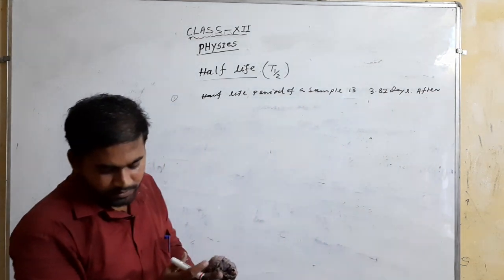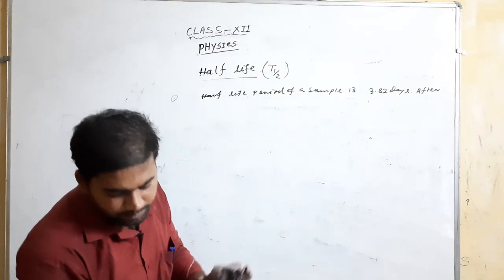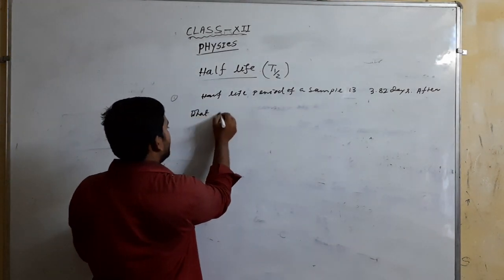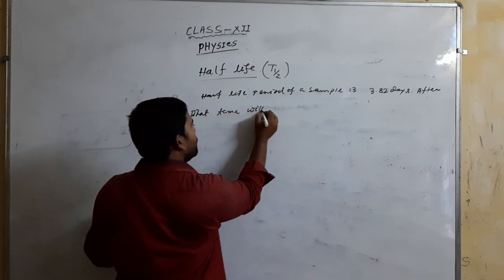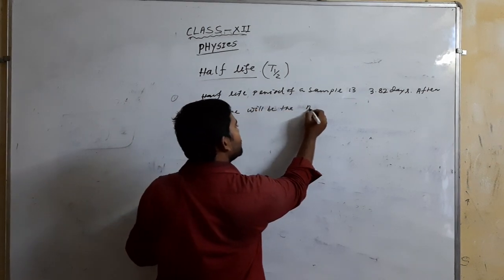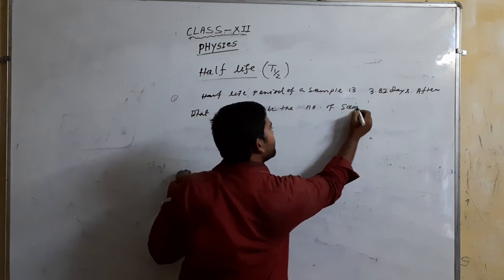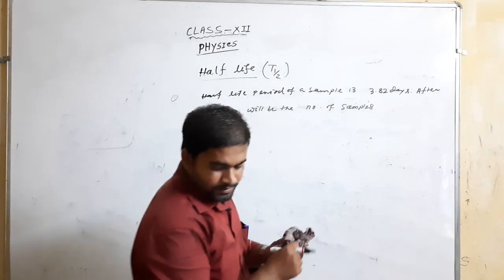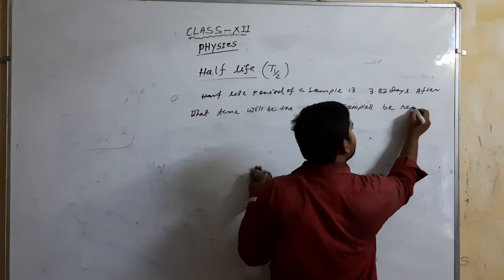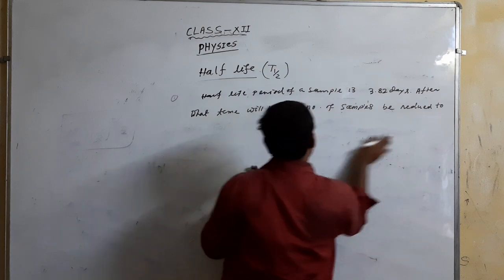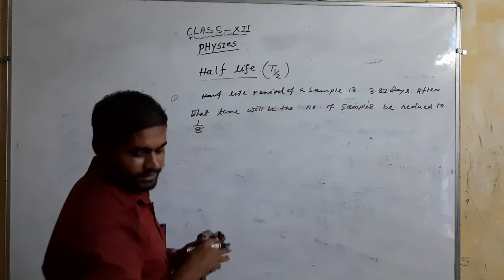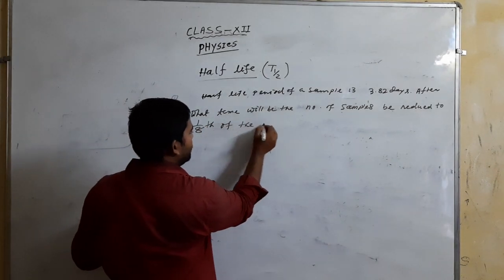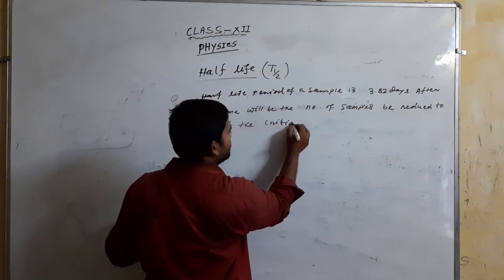After what time will the number of samples be reduced to 1/8 of the initial value?